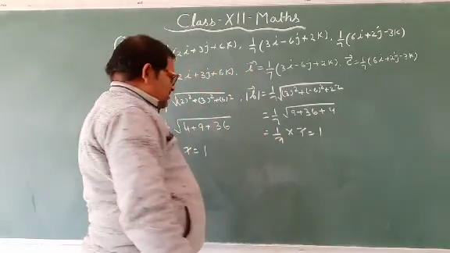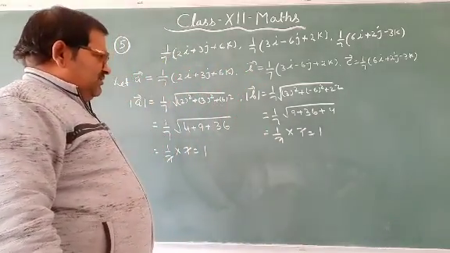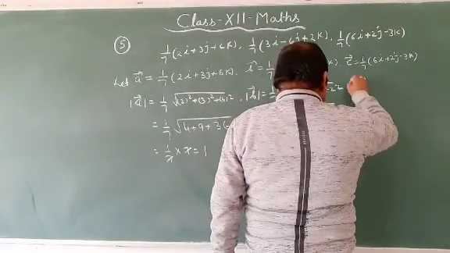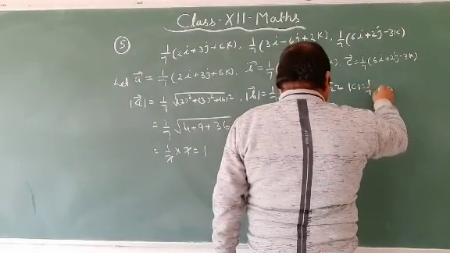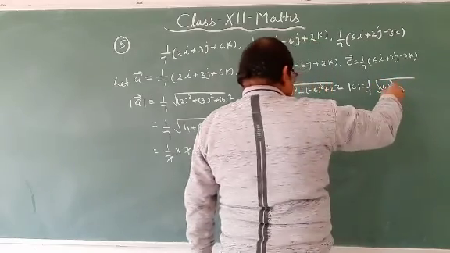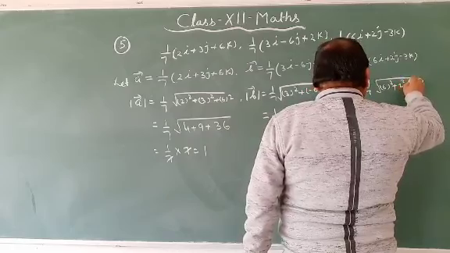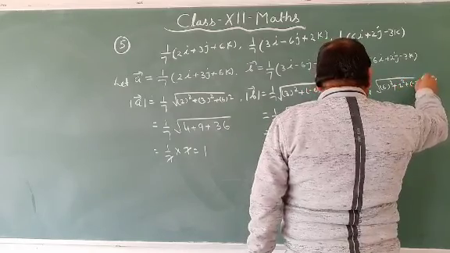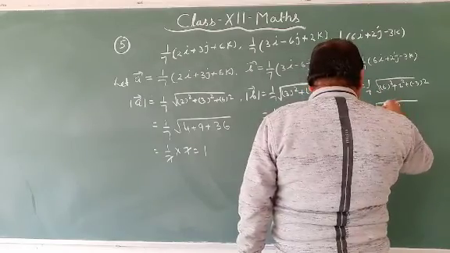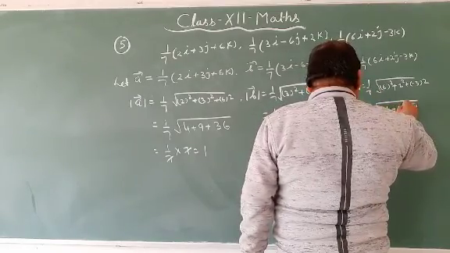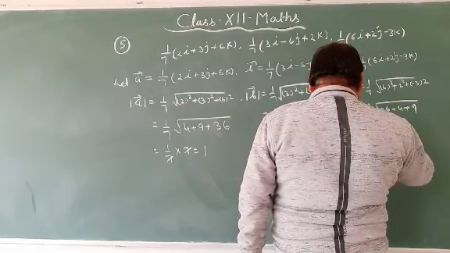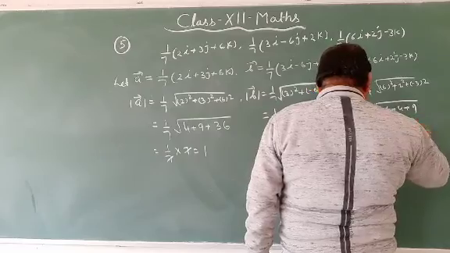So vector B is also a unit vector. And the mod of vector C is 1 by 7 under root 6 square plus 2 square plus minus 3 square, which is 1 by 7 under root 36 plus 4 plus 9, and 1 by 7 into 7, that's equal to 1.